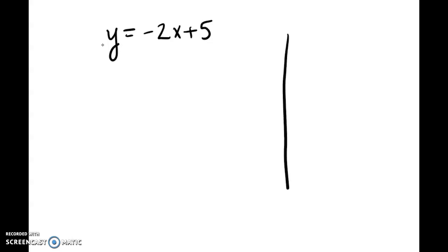All right, so for this problem, it asks us to complete the table, and we have this equation given to us, negative 2x plus 5. And so the table looks like this. And the last column of the table is the ordered pair.